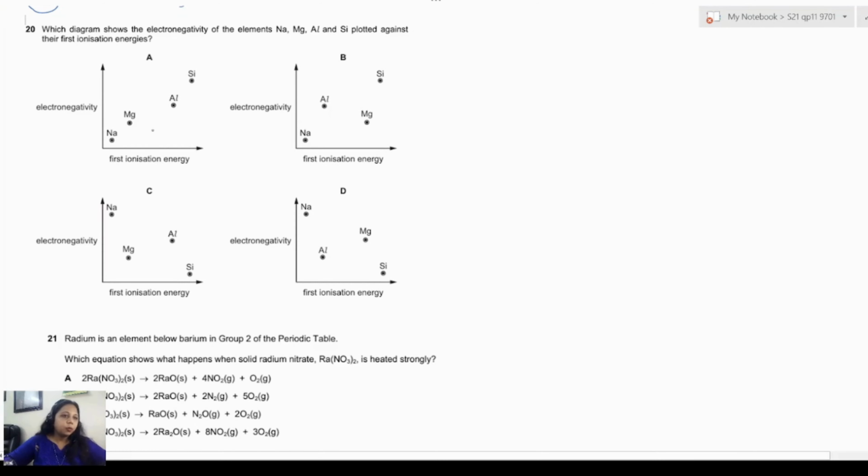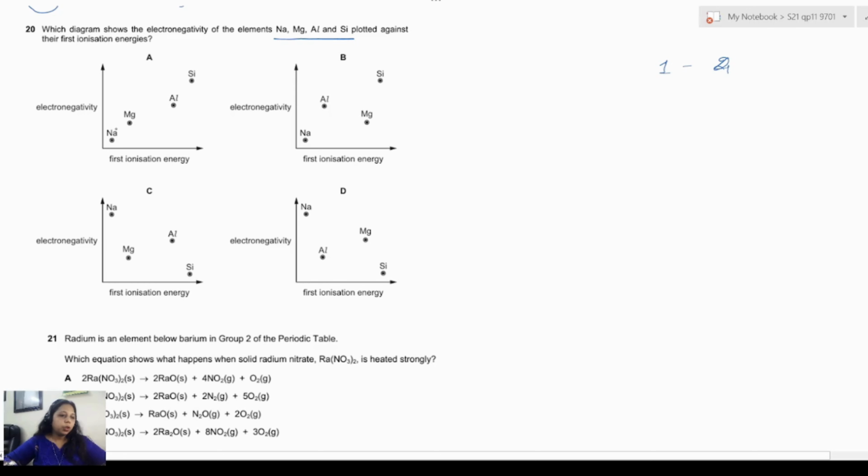Which diagram shows the electronegativity of the elements sodium, magnesium, aluminium, and silicon? That means group 1 to group 4. When we move across the period, the electronegativity basically increases. Let's figure out the answer. Sorry, I have to write here 4.